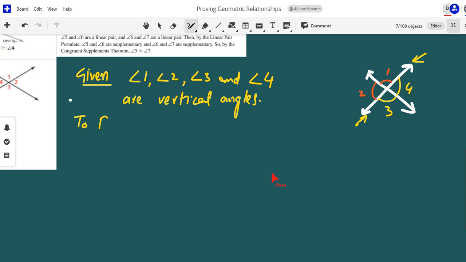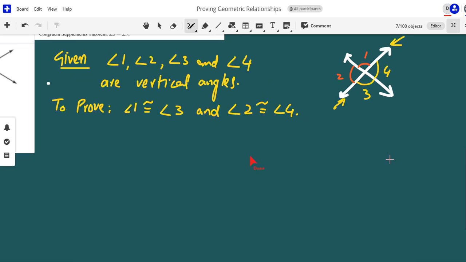To prove, we have to prove that angle 1 is congruent to angle 3 and angle 2 is congruent to angle 4. Okay, that's what we have. So let's make the statements.